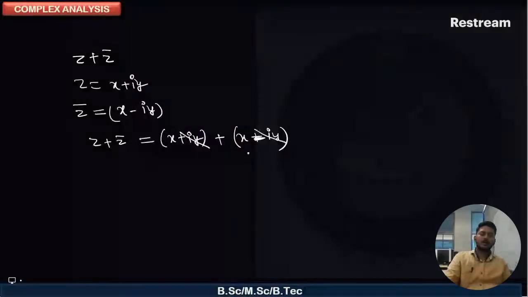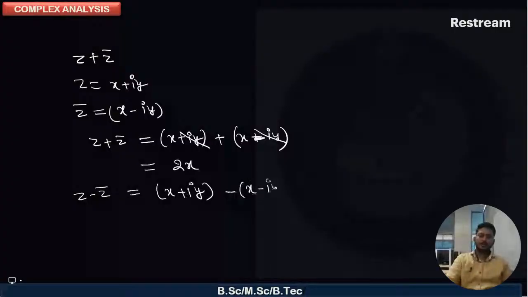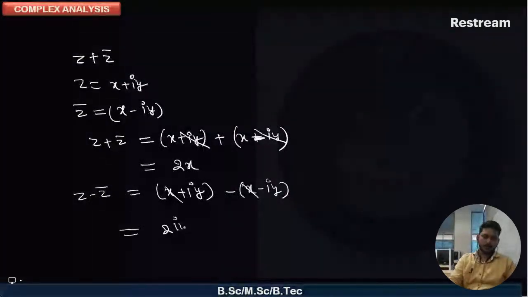Cut the positive and negative parts, and it comes to 2x. When you take their difference, x minus x is cut, and the remaining part is 2 iota y.